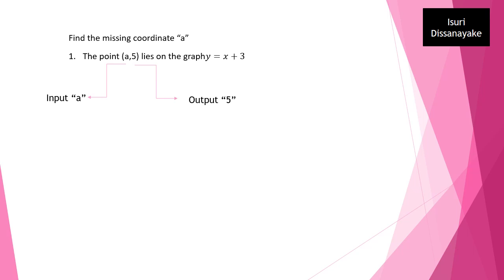So simply to the given graph y equals x plus 3, you are going to input a, output 5, so that you can find the value a, so that you can find the x coordinate a. Use a bit of algebra and you know that a is equal to 2. So 2, 5 lies on the graph y equals x plus 3.